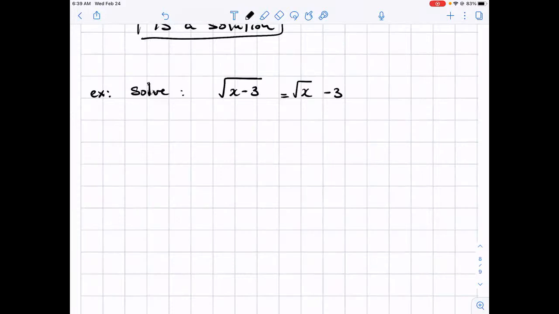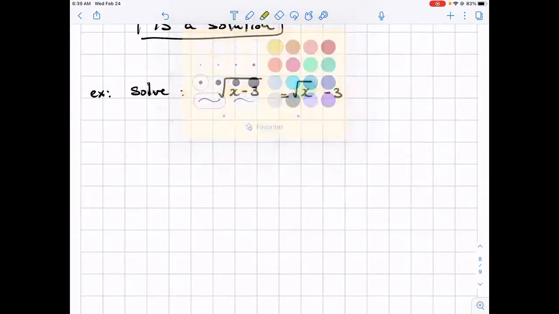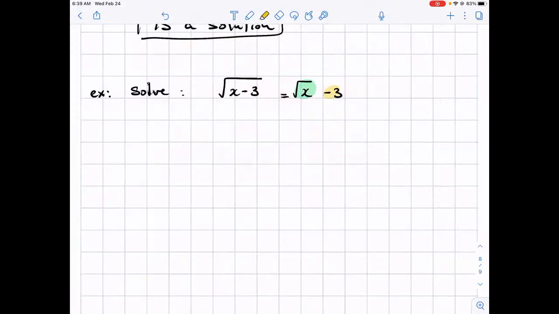The procedure is the same, right? Look at either side of this equation, and once we see a radical that is by itself, either the left side or the right side. If you look at my right side, the radical is not by itself, because we have a minus 3. On the left side, however, the radical is by itself. There is nothing, a plus or a minus, outside of the radical.